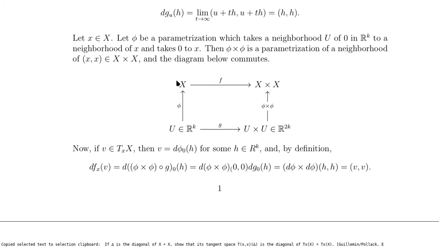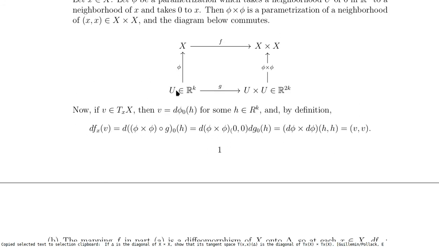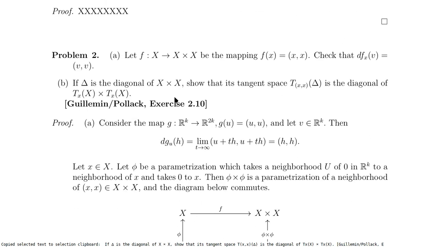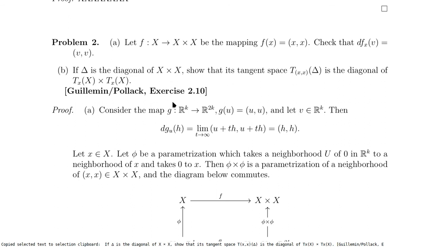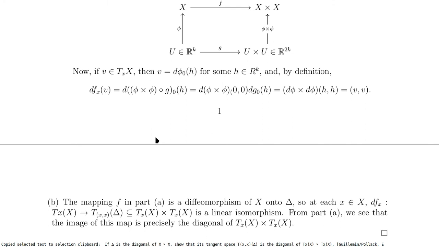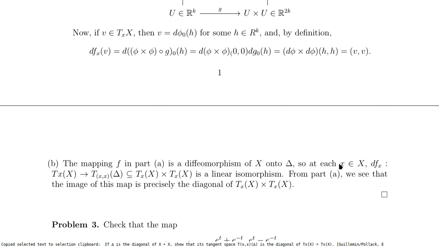You say that this map is actually a diffeomorphism of x onto delta, into the diagonal. That actually is an earlier exercise from Pollack that I didn't prove. I see, okay. But that x is diffeomorphic to the diagonal of x cross x.